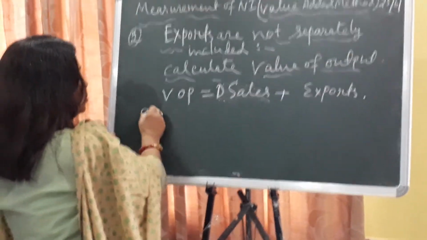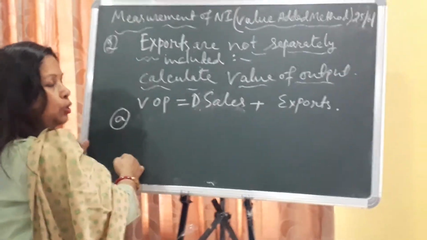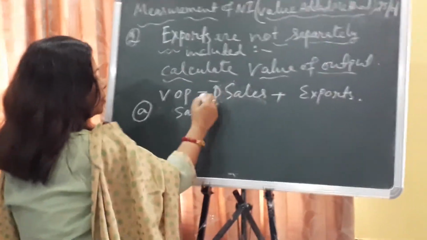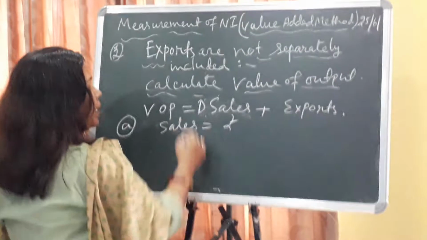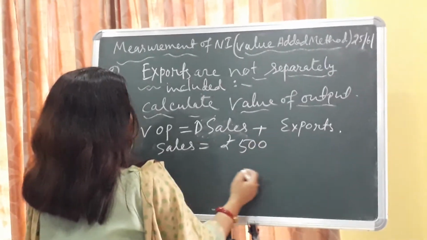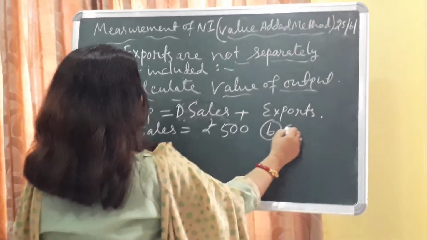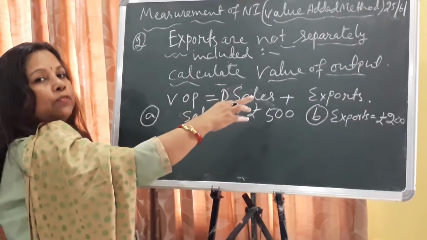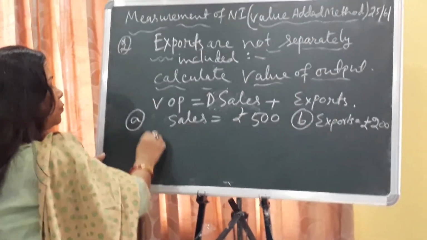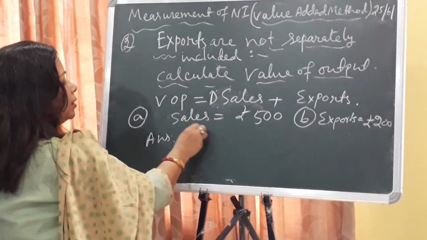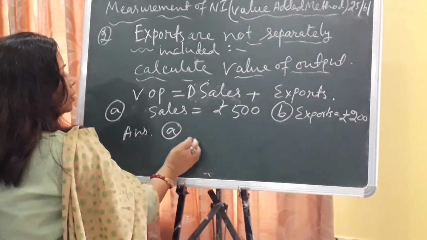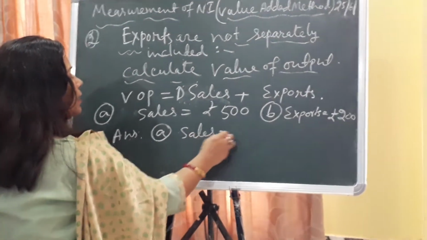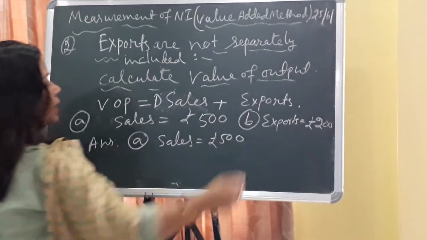So now calculate value of output. Number A, sales equal to rupees 500. Number B, exports rupees 200. So what will be the answer for value of output? The answer will be A, sales equal to rupees 500.